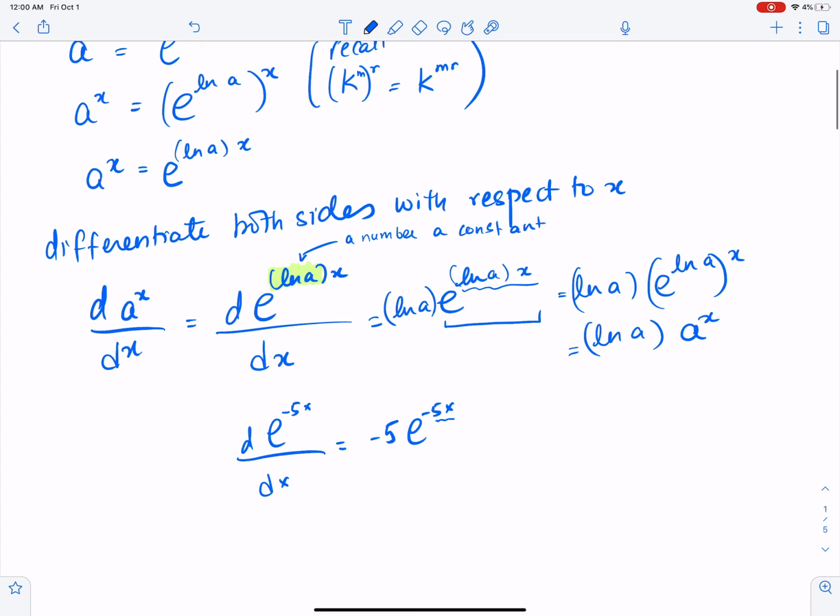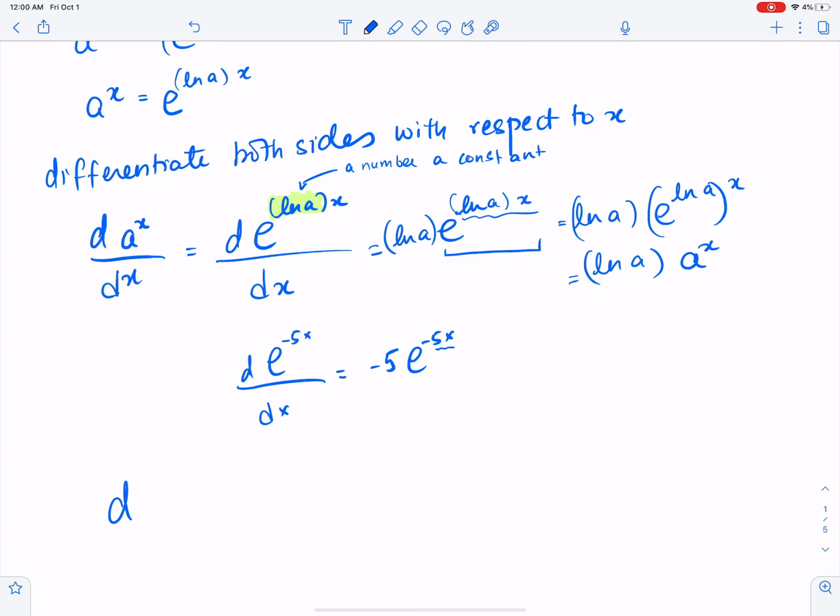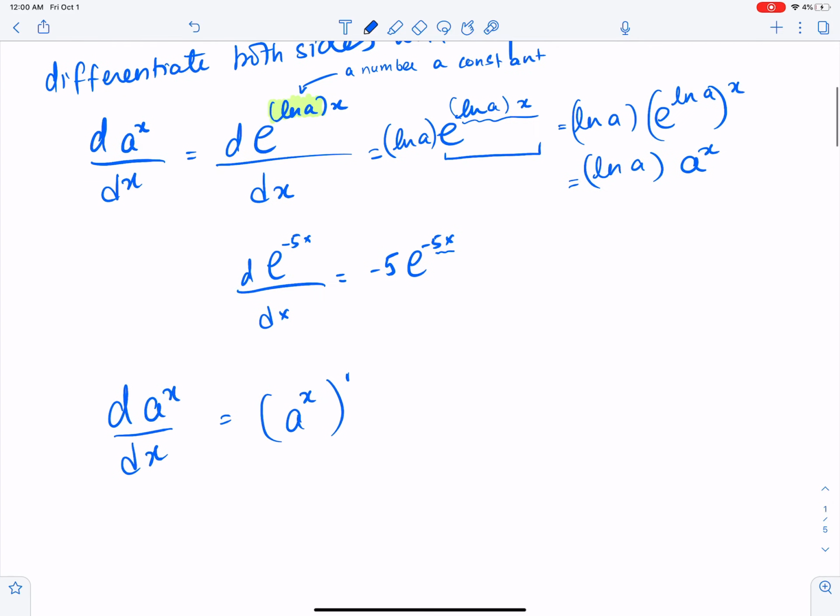Okay? So that gives you the formula that the derivative of a to the x, or you can also write a raised to x prime, is a raised to x, and you have to multiply it by log a.